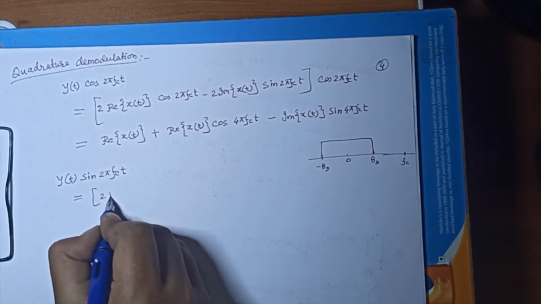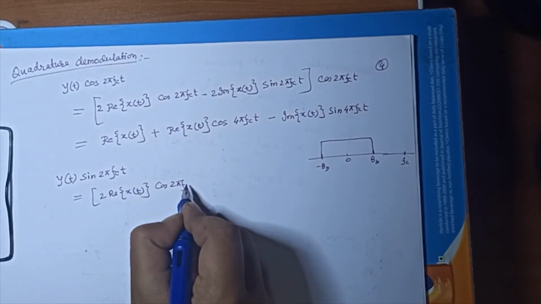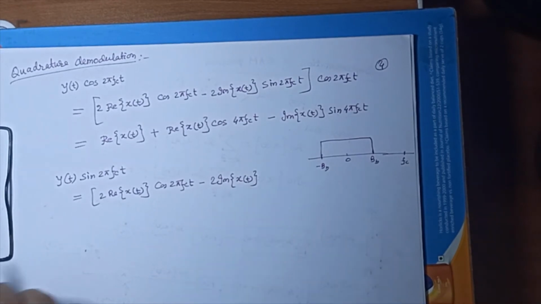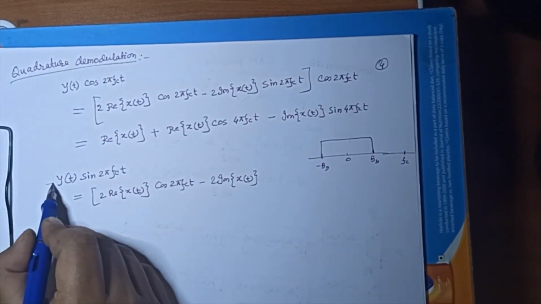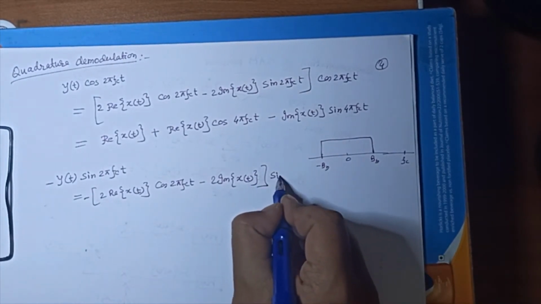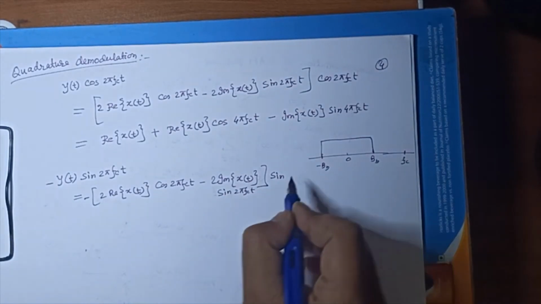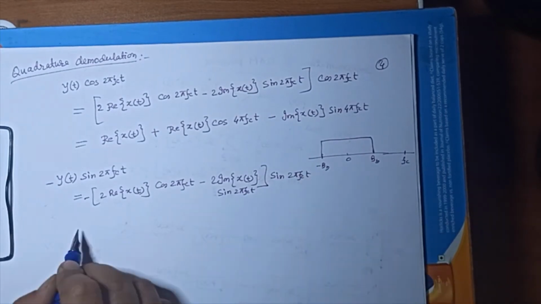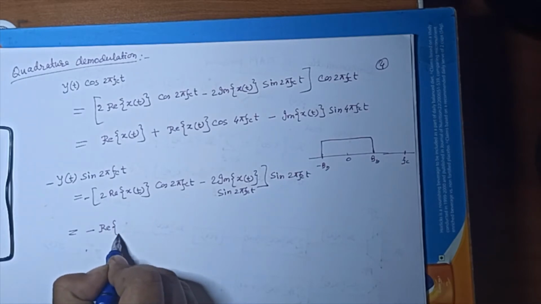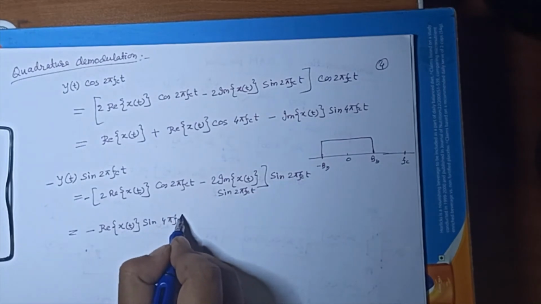So again 2 real xt cos 2 pi fct minus 2 imaginary xt sine 2 pi fct. I can multiply with minus sine 2 pi fct. So the first term is minus real xt sine 4 pi fct, again a high frequency component.